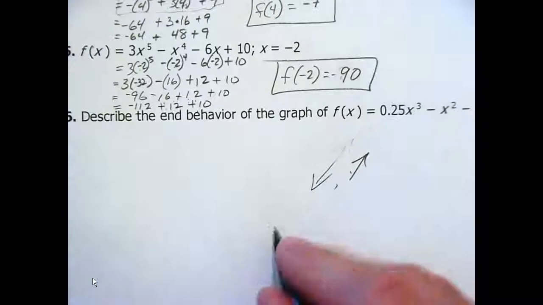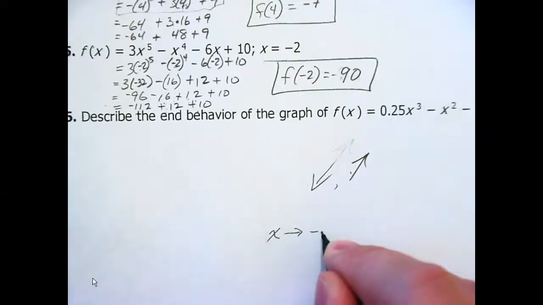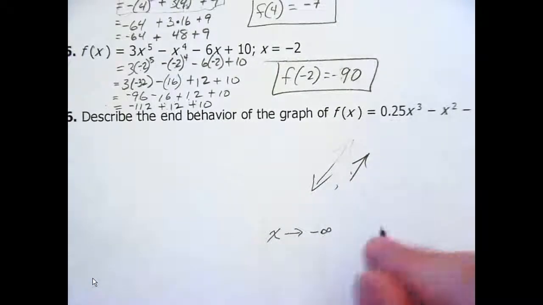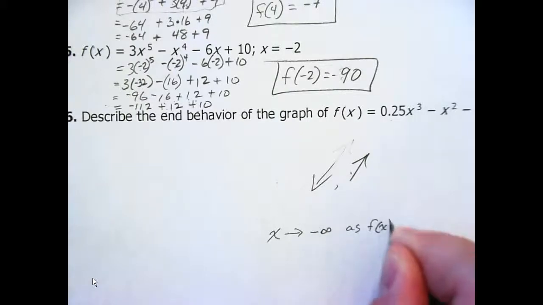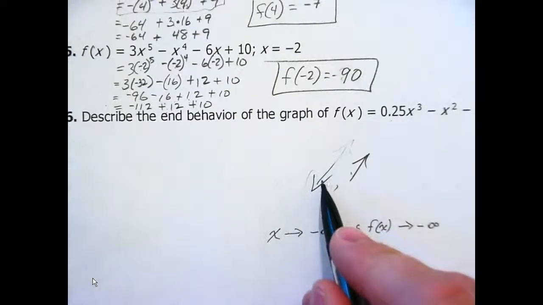Okay? Those of you that want to write it in the f of x format: x goes from negative infinity as f of x goes to negative infinity, that's representing this arrow right here.